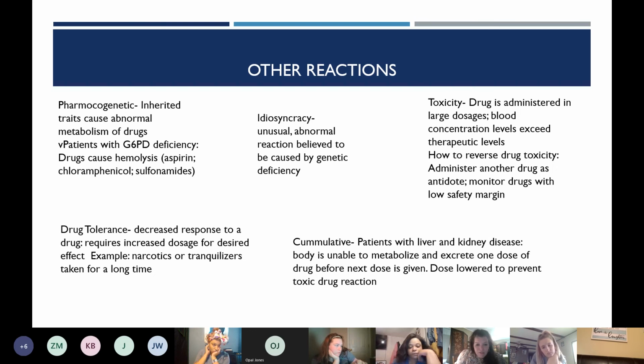That makes sense to everybody, right? Because they're tolerant to that drug. They've built up a tolerance to it, and so their response is not that of their peers.